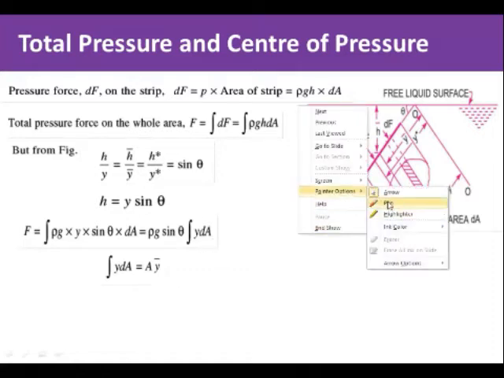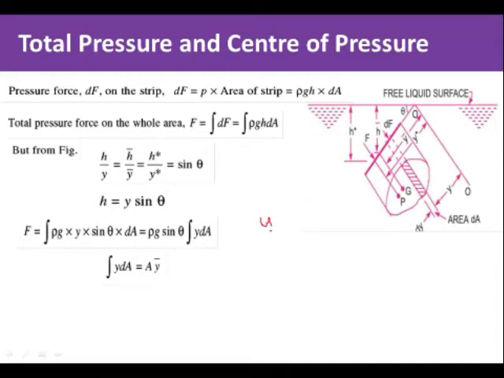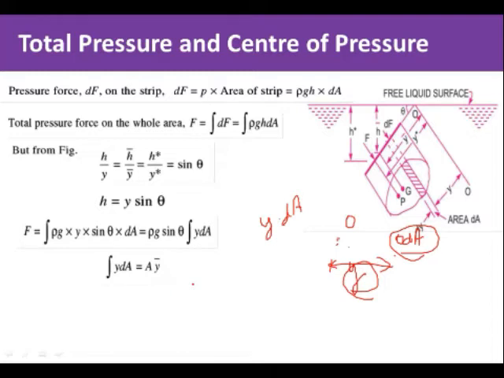So remember this term y into dA. What is this y into dA? This is our axis O, this is our point O, this distance is y, and here there is some area dA. So you are taking the product of a quantity into its distance. Remember in mechanics you learned the term moment.